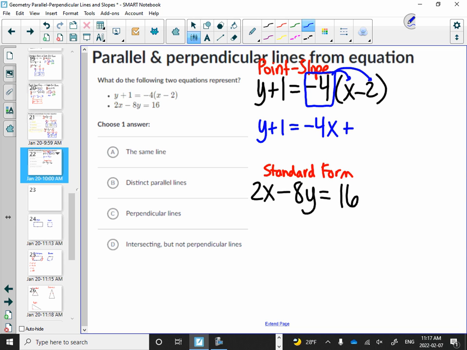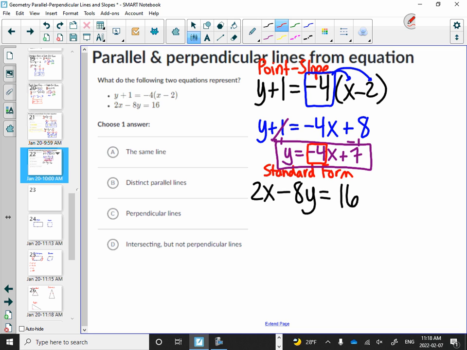Now, when I have to move this over, I need to subtract the 1 there, and I end up with y equals negative 4x, what's that give me? Plus 7. Okay. Now, here's my slope still, right? Which is the same as when I began.